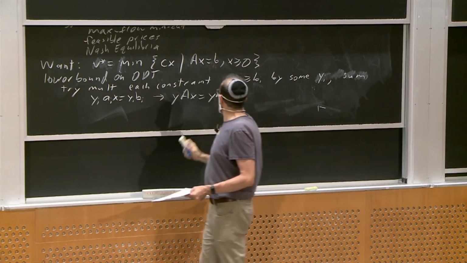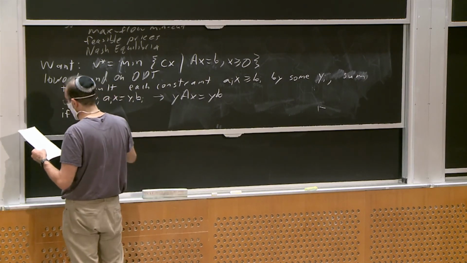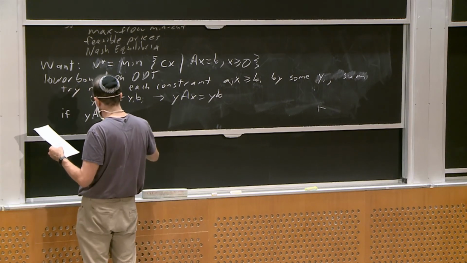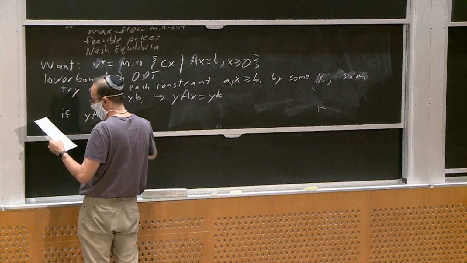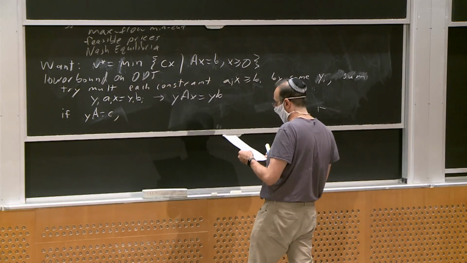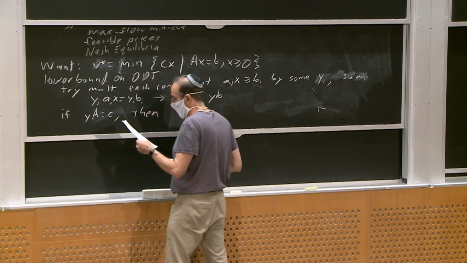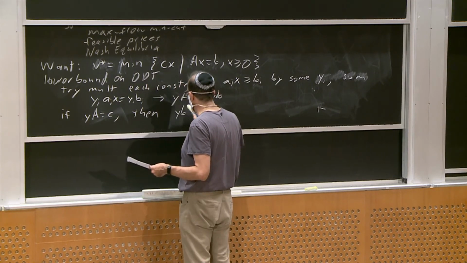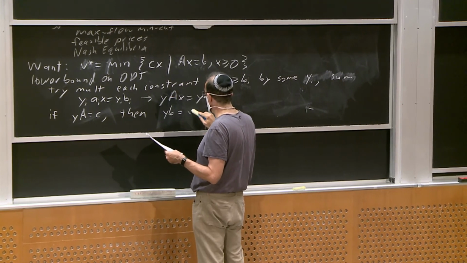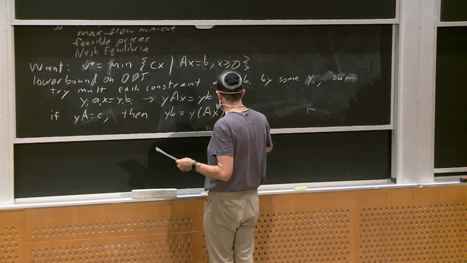Okay? But now, if yA is equal to c, okay, and this is coming slightly out of thin air, then yb is going to be equal to y times Ax if x is feasible.